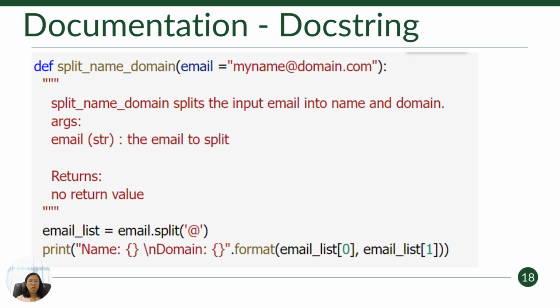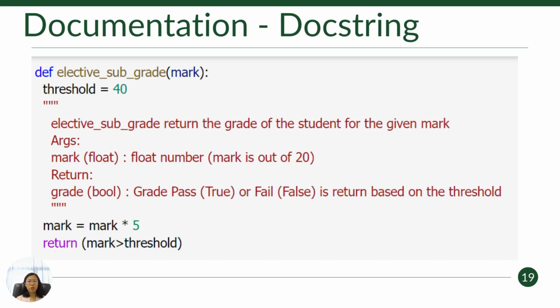Second is the arguments. My argument is email. Inside the brackets, I say it is a string type, so it's an input email to submit. What am I going to return? I'm not going to return anything because I will just print it out. I'm not going to return any variables or values. Now let's look at another example with a return value.